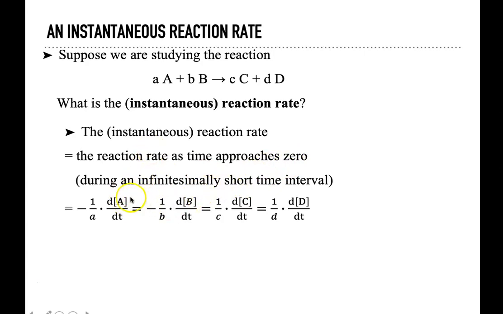Then the change, delta, becoming infinitesimally small, we represent with a small d. So delta is substituted with d: 1 over a, dA/dt, dB/dt, dC/dt, dD/dt. This is the instantaneous reaction rate. Our reaction rate is usually represented with the instantaneous reaction rate from this point on.